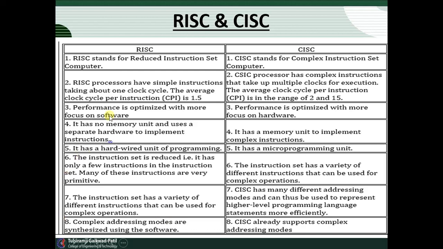Now the third point is that in RISC, the performance is optimized with more focus on the software. Obviously, in the case of CISC types of instructions, the performance is optimized with more focus on the hardware.